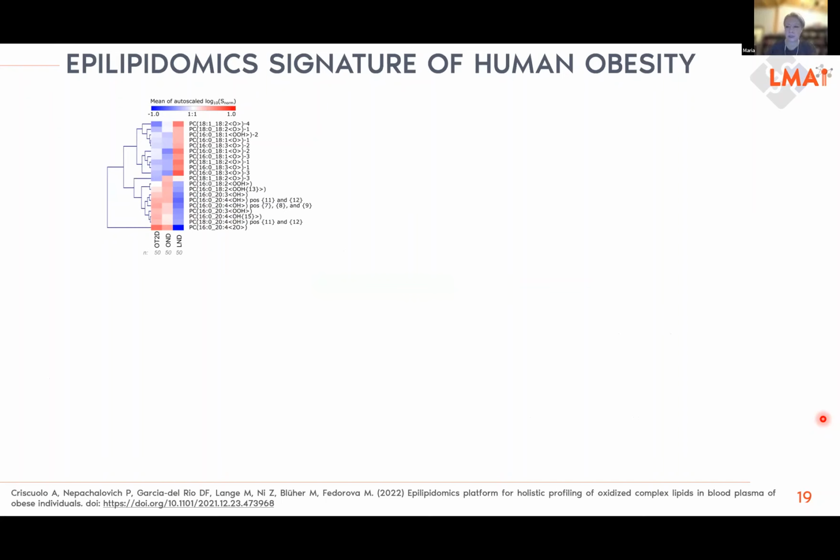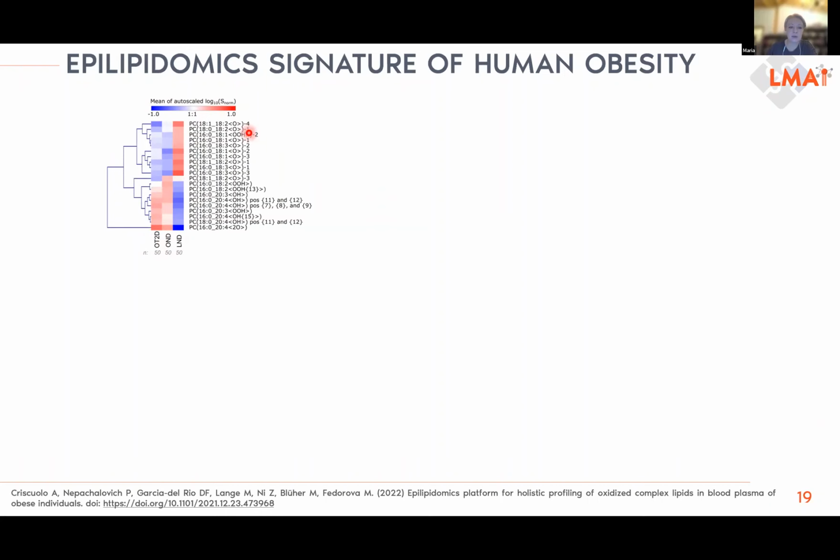When we looked at the data, maybe we had an idea that we would see black and white, so no oxidation in lean individuals and a lot of oxidation in obese individuals, but that was not the case. This heat map shows the intensities of those modified lipids in lean, obese insulin sensitive, and obese with type 2 diabetes.